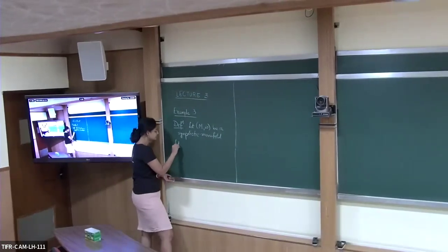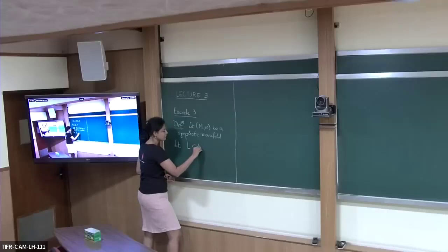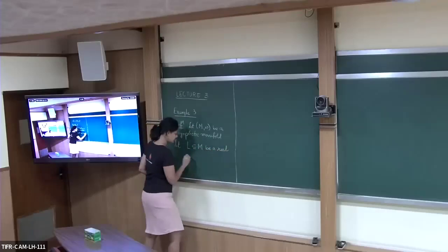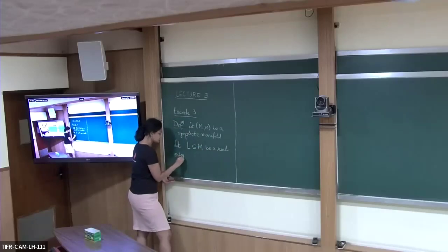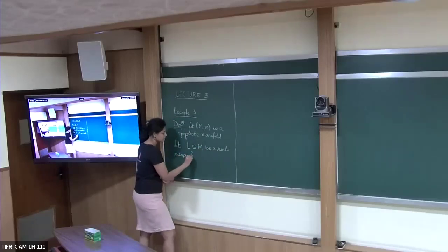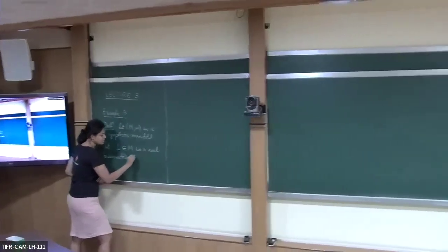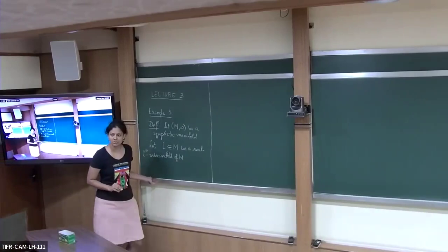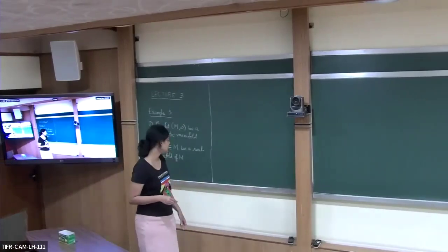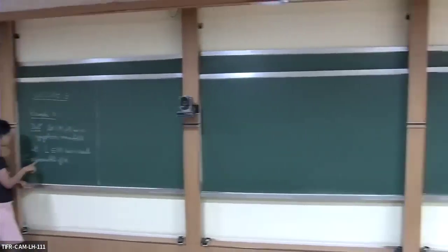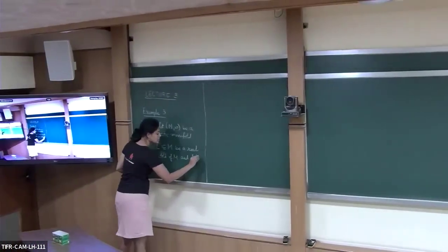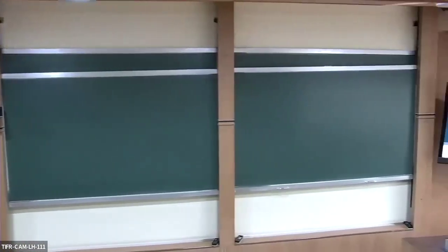So let L in M be a real submanifold of M. And for us, we are going to consider smooth submanifolds. So we are not going to worry too much about lower regularity. So let L be a smooth submanifold, and let j denote the inclusion.